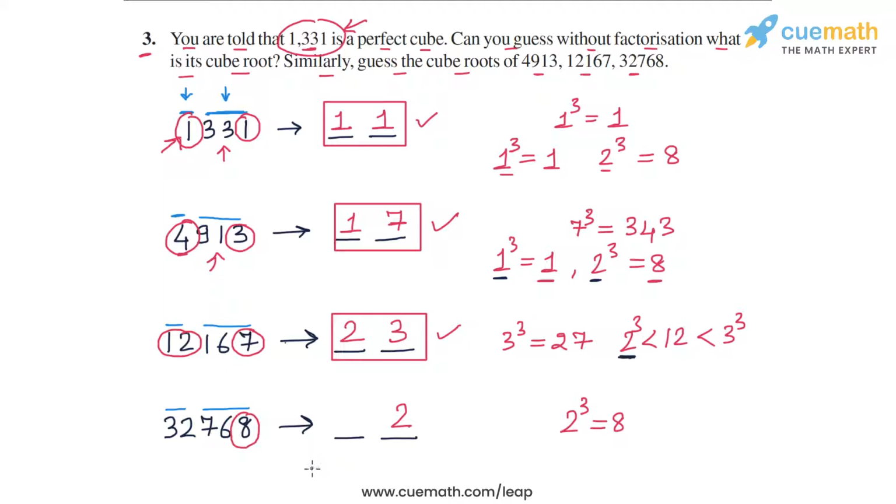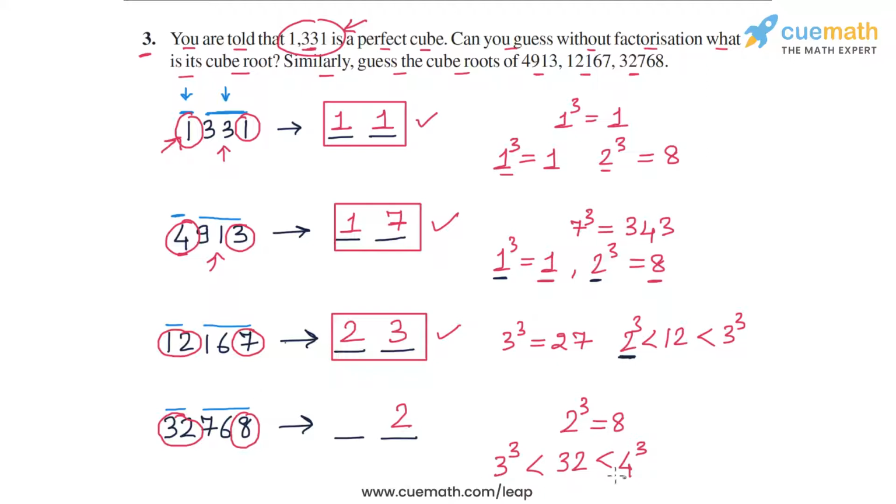Now to figure out the tens digit, we have to find those 2 consecutive digits between the cubes of which the number 32 will lie. Those 2 digits are 3 and 4, because 32 lies between 3 cube, which is 27, and 4 cube, which is 64.